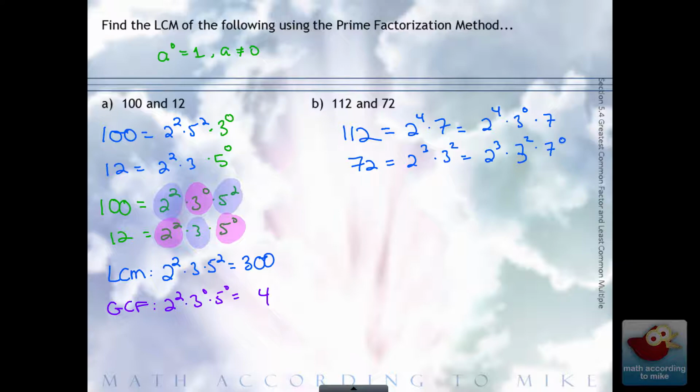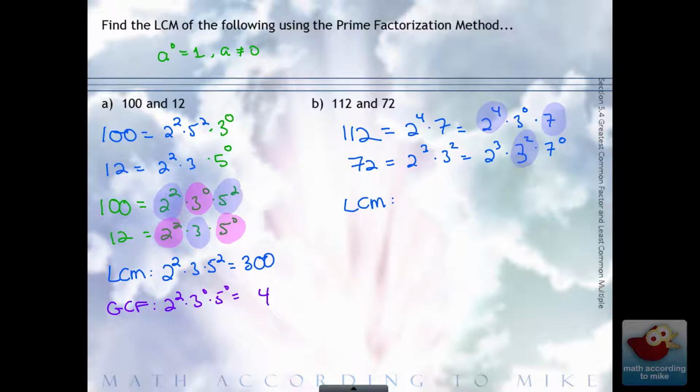So now for the LCM, take the larger exponent. We are comparing 2 to the 4th and 2 cubed. Which one's bigger? 2 to the 4th. Comparing the 3's, we have 3 to the 0 and 3 squared. Take the bigger one for the LCM, 3 squared. Comparing the 7's, 7 to the 1st and 7 to the 0.